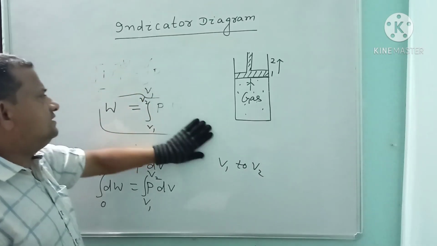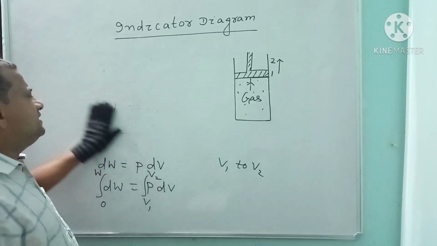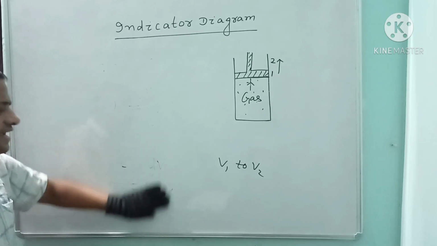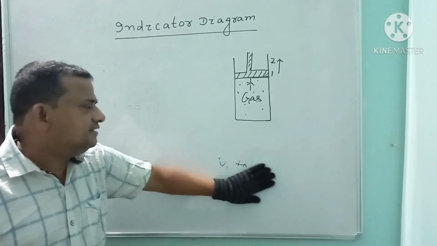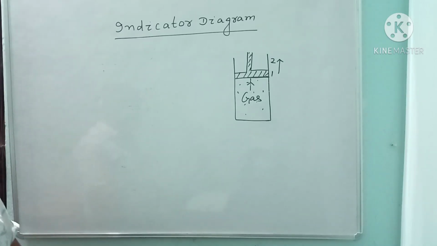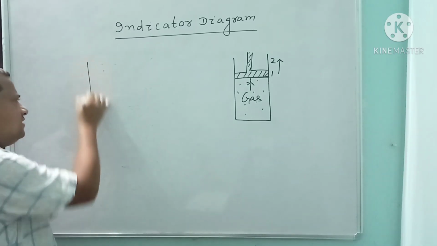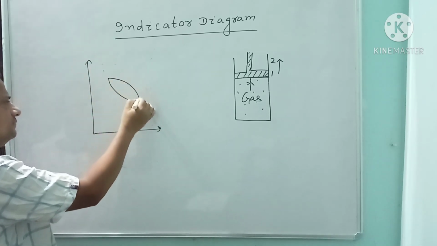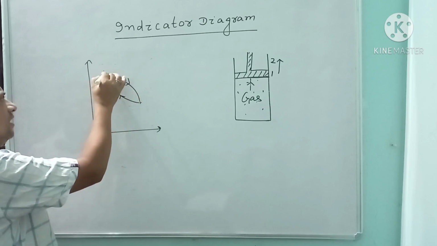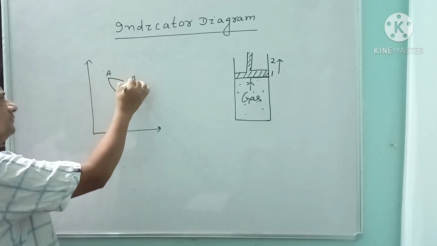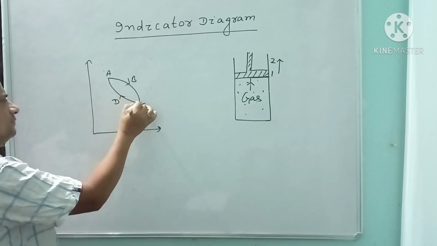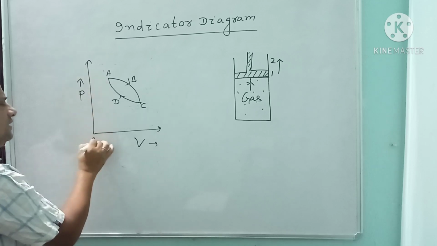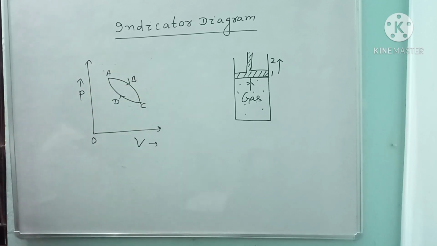The next part is, if it is a cyclic process, suppose the graph is a cycle or a closed one like this. If I make the graph in this way, with volume and pressure axes, it is a cycle, a closed one.